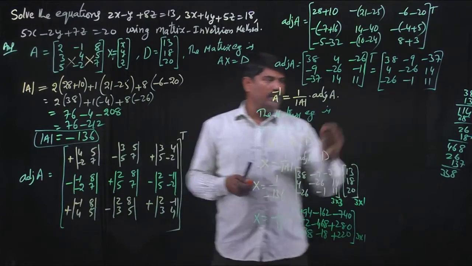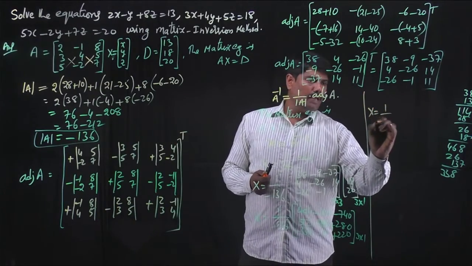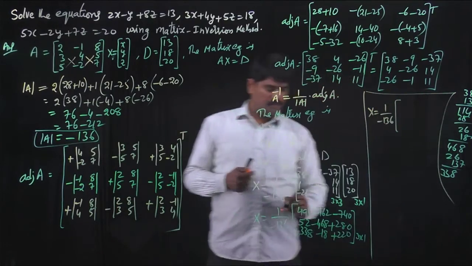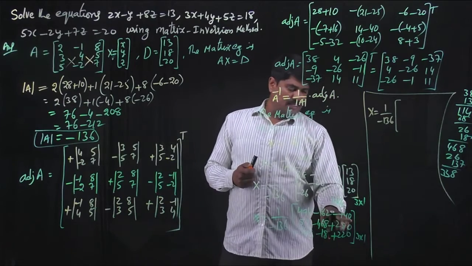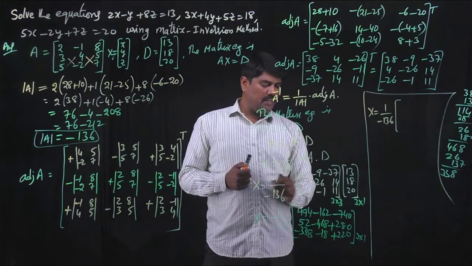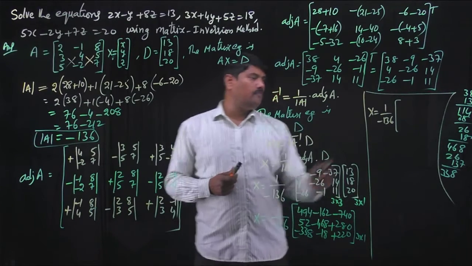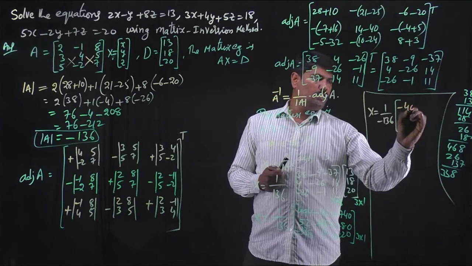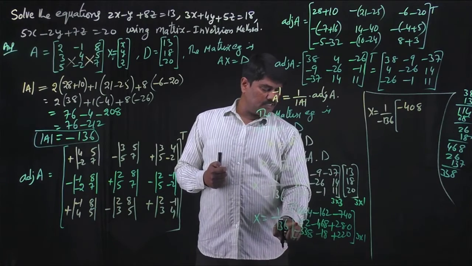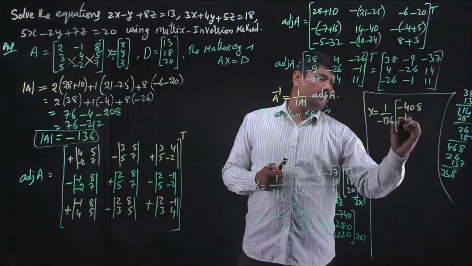So now we obtain the matrix X. Observe from here, 1 by minus 136 into this. Minus 740 minus 162 is minus 902, plus 494, you have minus 408. 280 plus 52 is 332. 332 minus 468, that is minus 136.